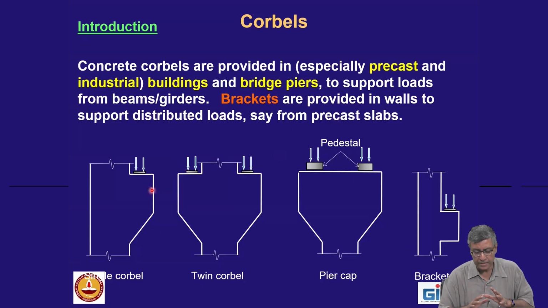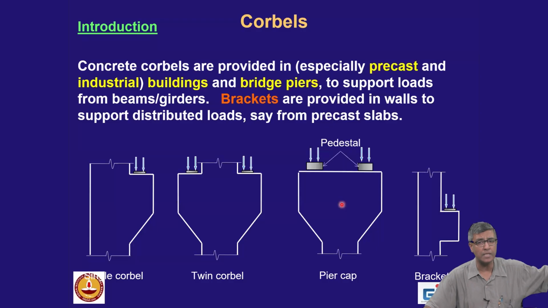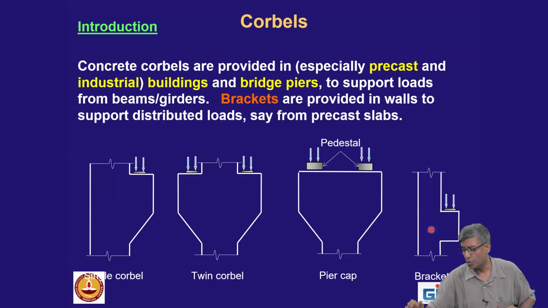Now, there are different types. The one on the right is a single corbel. There can be a twin corbel. You have already seen quite a few photographs. In a pier cap, this is the way it is. Just walk outside our campus and see the pier cap in the Sardar Patel flyover. Brackets are there for the walls, which can support hollow core slabs.